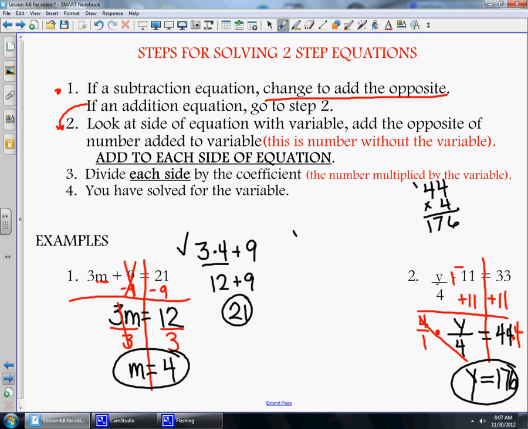So we can check this. 176 divided by 4 minus 11. I'm going to have to do the division here. 44 divided into 176 is 4.